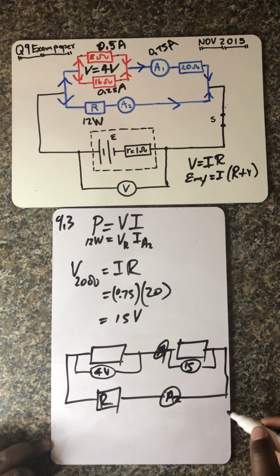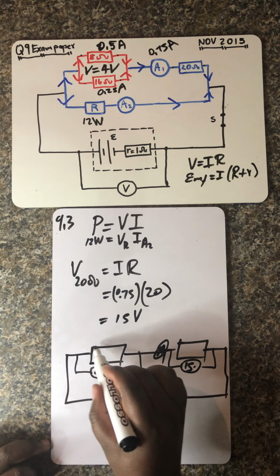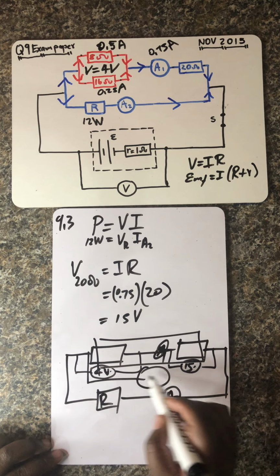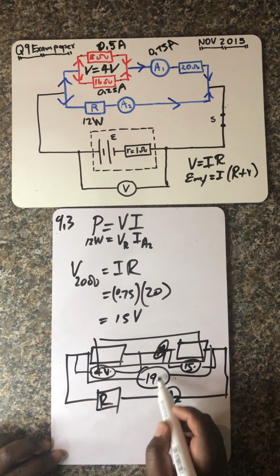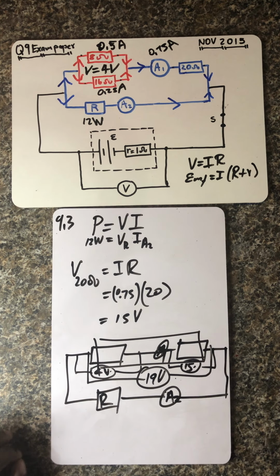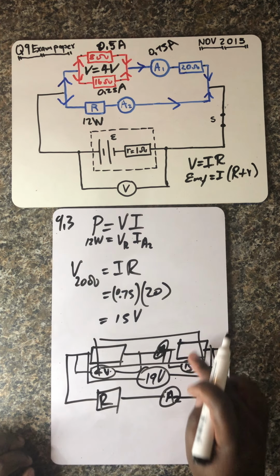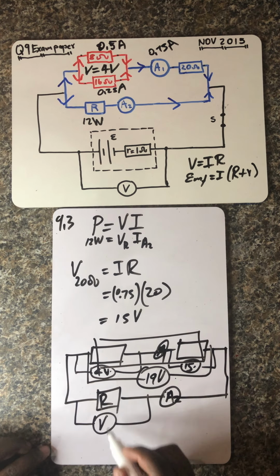So what I'm saying is, if we sum these two V's, then it means we just have one resistor there with just one V. Then what will be that V? Obviously 4 plus 15, which is going to be 19V. So that means that 19V across this one resistor is the same as the V across that R.